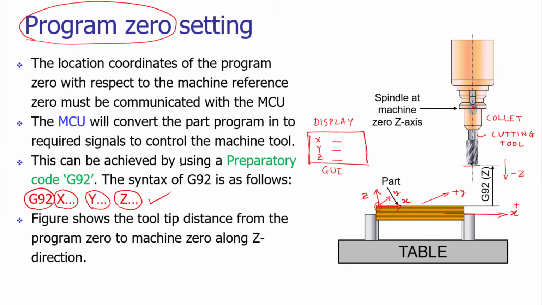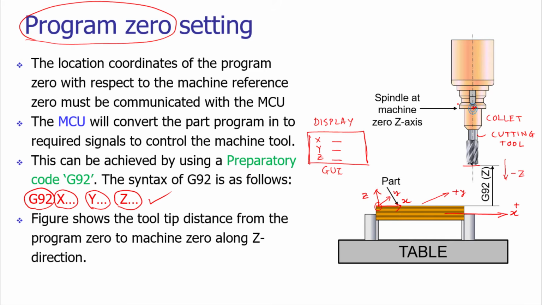So this is a very essential, very important function of CNC part programming, that is G92, in which we are feeding the accurate information about the offset of the program 0 with respect to the machine 0.